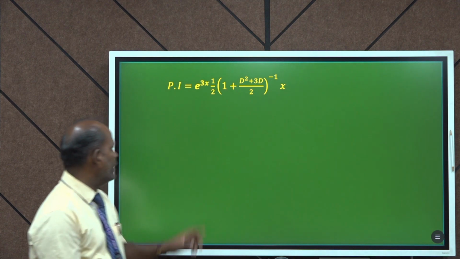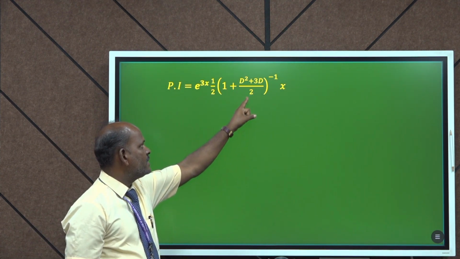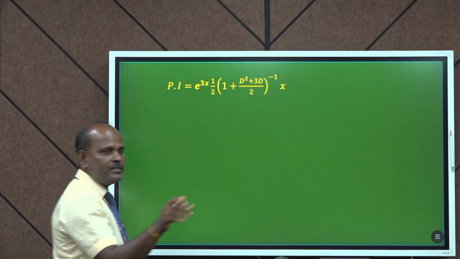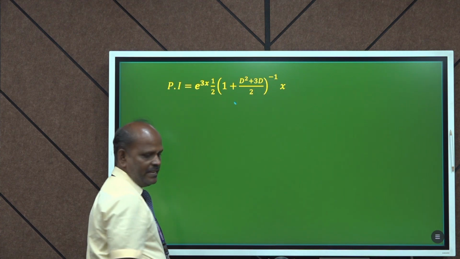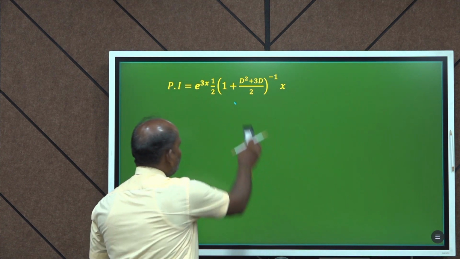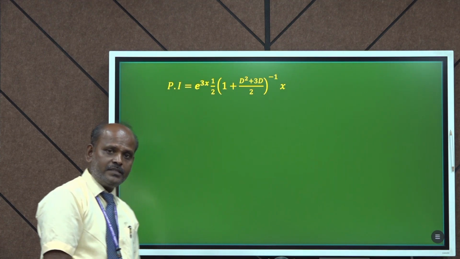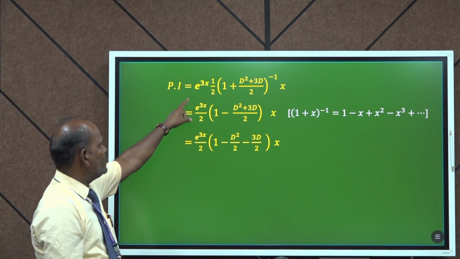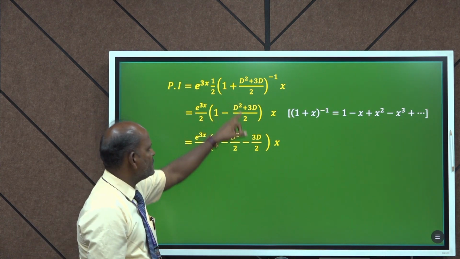Therefore our next step is e power 3x, 1 by 2 is constant, 1 plus (D square plus 3D) divided by 2 the whole power minus 1 of x. Now it is of the form 1 plus x the whole power minus 1, and we know that 1 plus x the whole power minus 1 is 1 minus x plus x square minus x cube, etc. Therefore this becomes e power 3x divided by 2, 1 minus x.